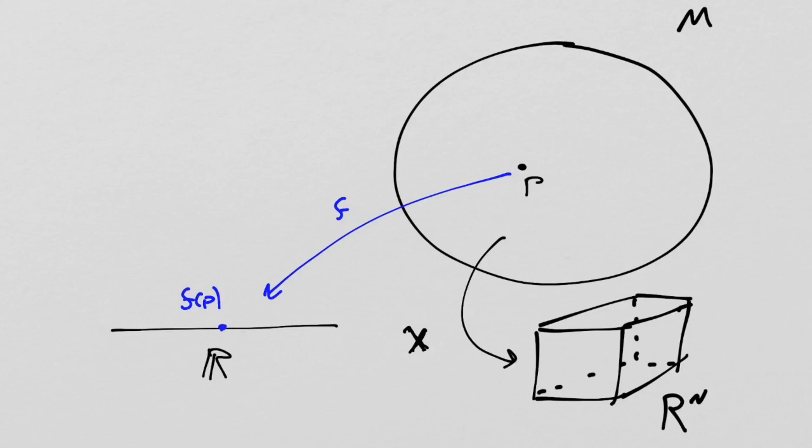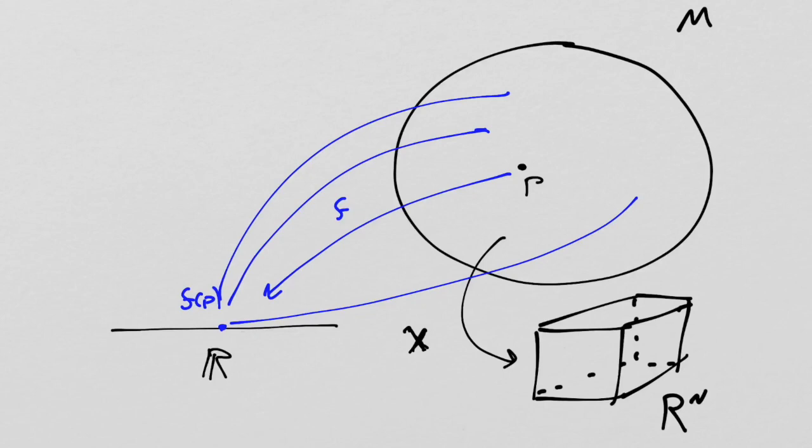So all the points where if I go back into the manifold, I end up with the same value. So this would be point P, point Q, point R, point S. So this is f of P, this is also f of Q, it's also f of R, it's also f of S. All those points are right there.